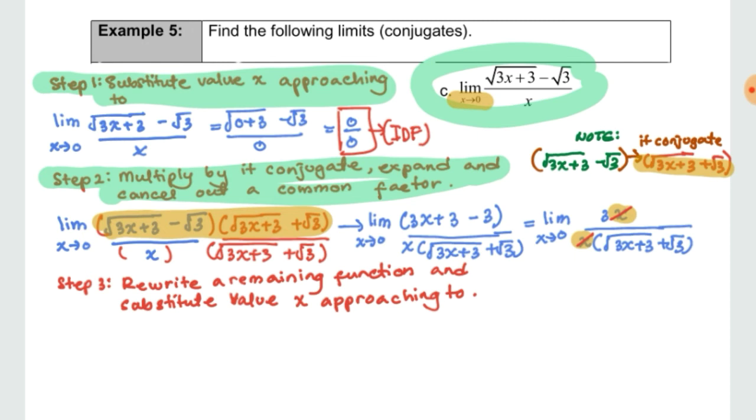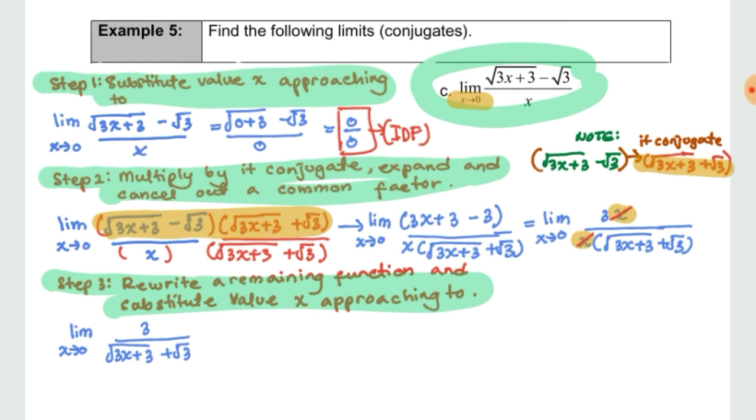And step number 3 is to rewrite the remaining function and substitute the value x approaches. The remaining function here is the limit of 3 over square root of 3x plus 3 plus square root 3, as x approaches 0.